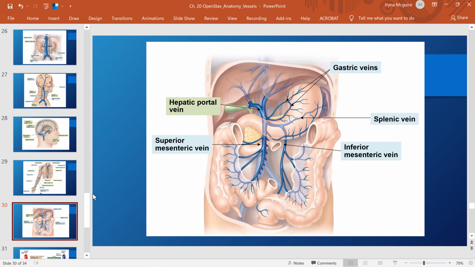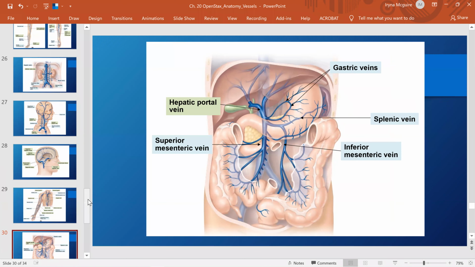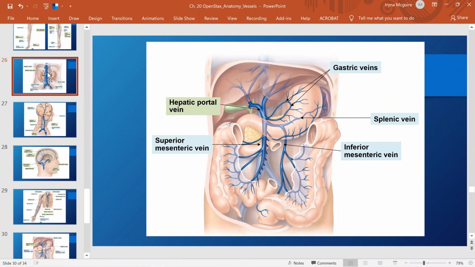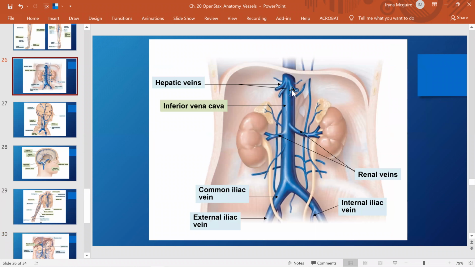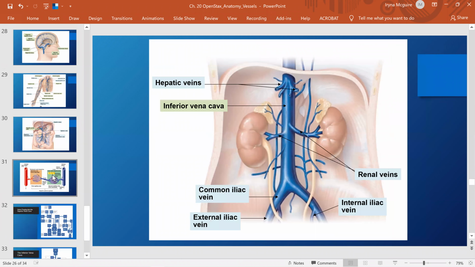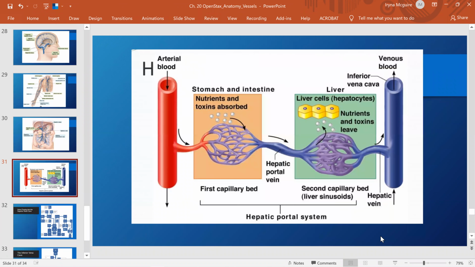We deliver it to liver, processing it, and then from liver, you will have these hepatic veins that deliver blood to inferior vena cava. So here would be a liver. So that's hepatic.